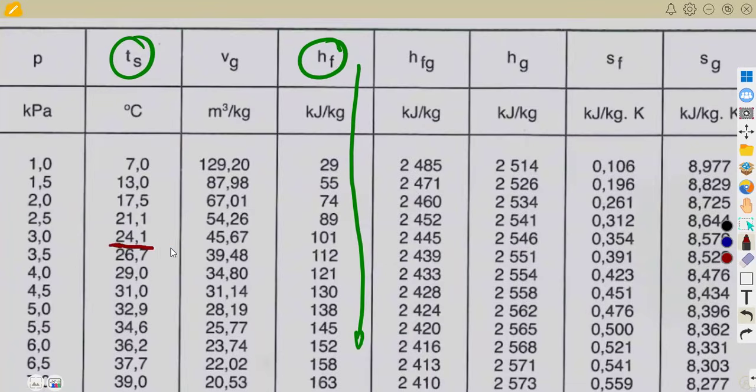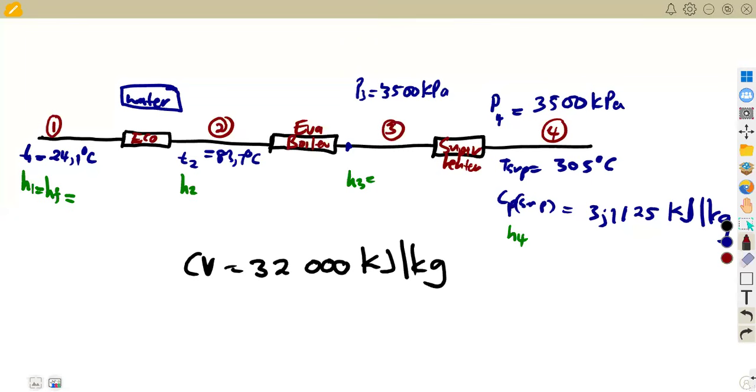So we go straight under this. We need Hf, not these other values. So we take our Hf, which is 101 kilojoules per kilogram. Let us write it down: Hf, representing H1, is 101 kilojoules per kilogram.